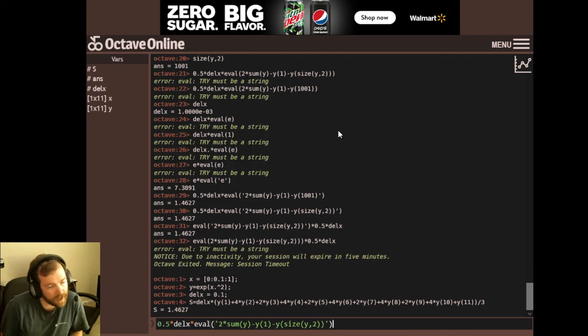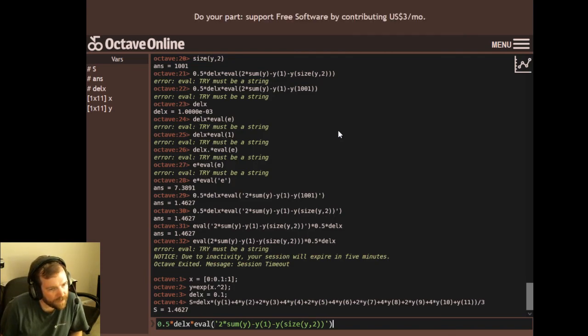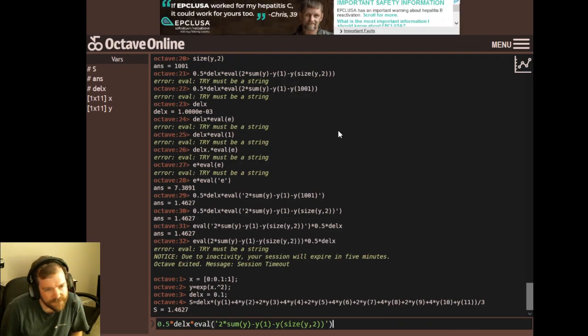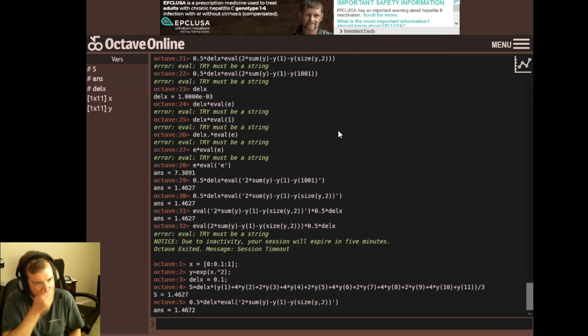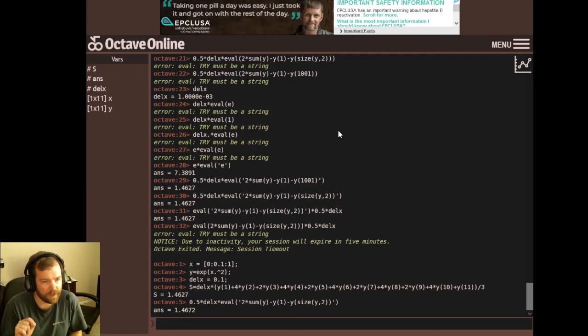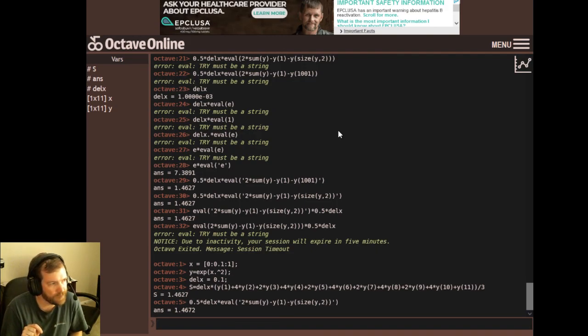Oh, actually, we can go back up. So let's try this. Here's the trapezoid rule with del x being 0.1.